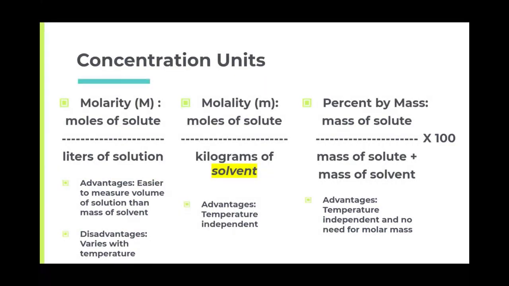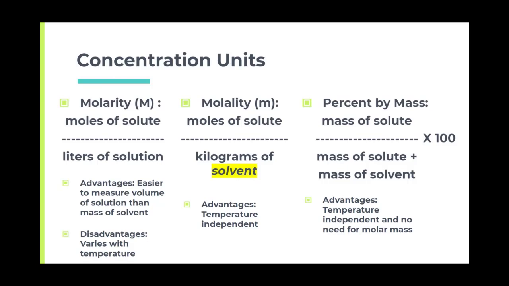So moving on to concentration units, we have three things mainly that we're going to discuss here: molarity, molality, and percent by mass. Molarity is moles of solute over liters of solution. The advantage of using molarity as a concentration unit is that it's easier to measure volume of solution than the mass of the solvent, because you can just put it in a container that has markings on it, and it's pretty easy to tell how much you have there.